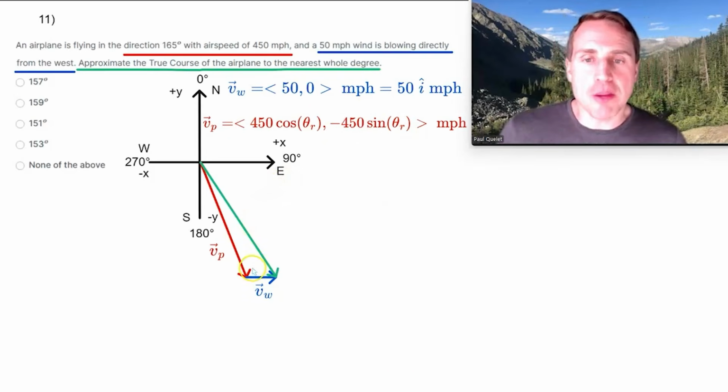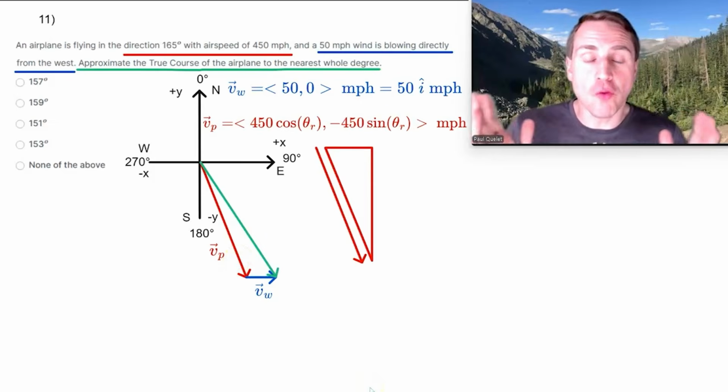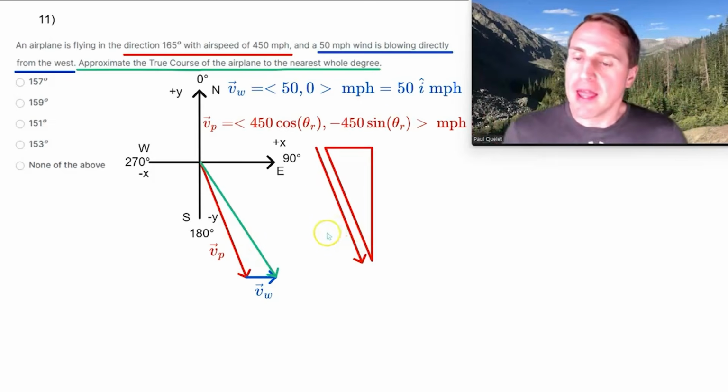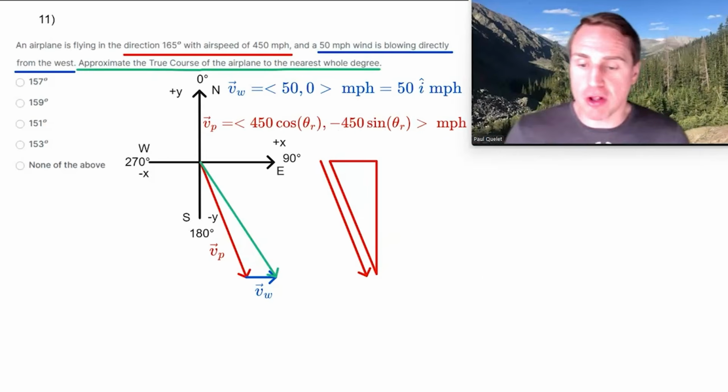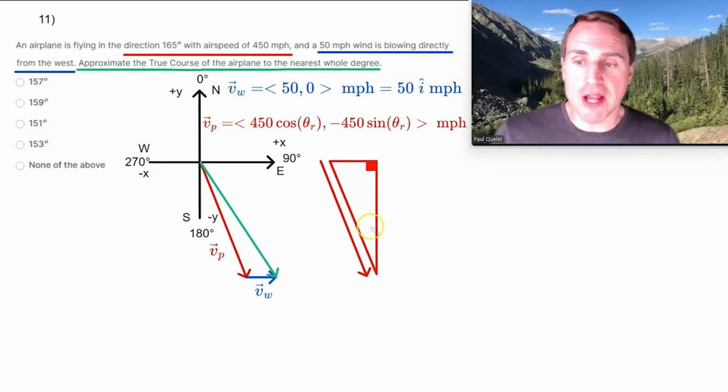Let's draw the appropriate right triangle that goes along with the airplane. Hopefully you see what this looks like. This is the plane vector reproduced, and then what's the right triangle that goes along with it? Notice it's a right triangle that has its hypotenuse as the magnitude of the airplane's speed. So that's 450 for the hypotenuse.